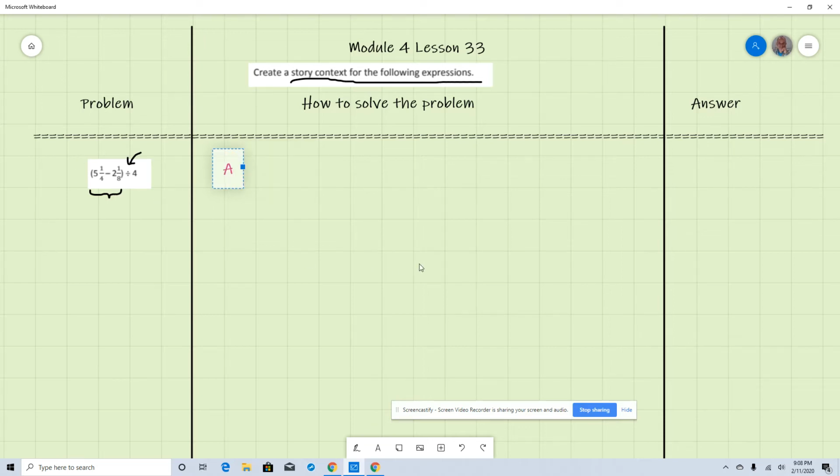Let's write this down. A baker has 5 1/4 pounds of flour.